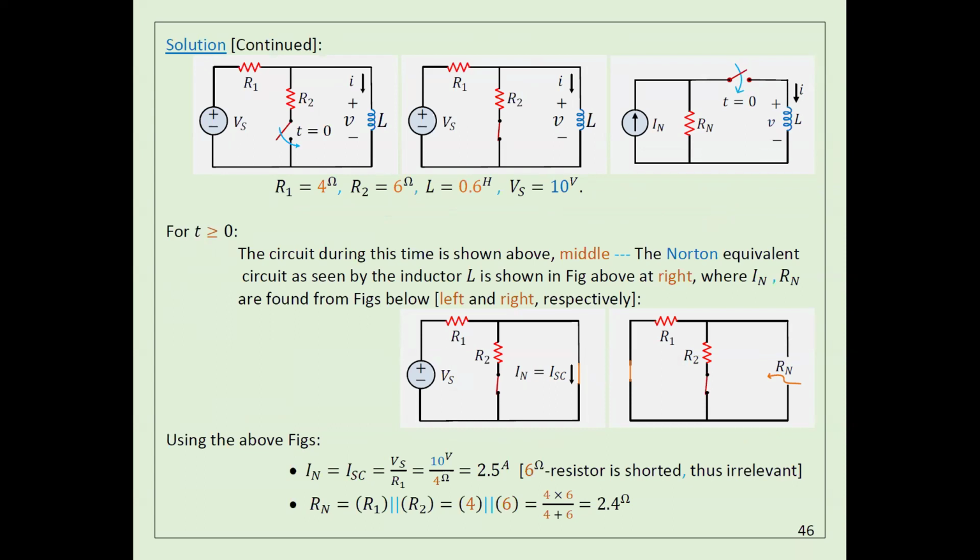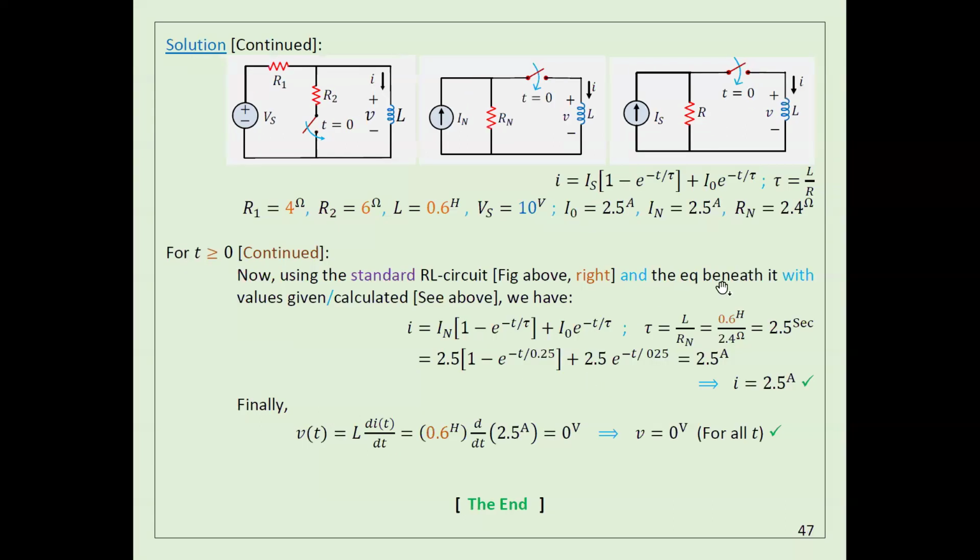Because this is the way I have to calculate I Norton. You have to make a short circuit and then find what is the current through this one. But that doesn't mean this is the final circuit. You got what I'm saying? So that means here there is no short circuit.